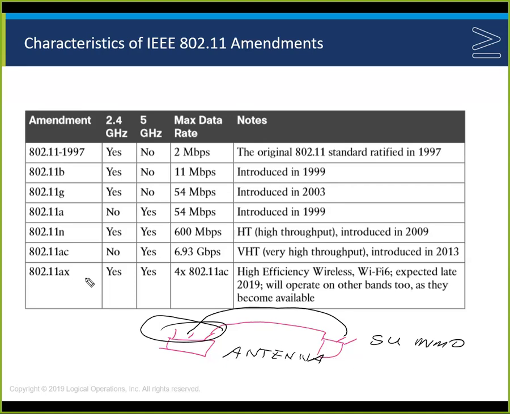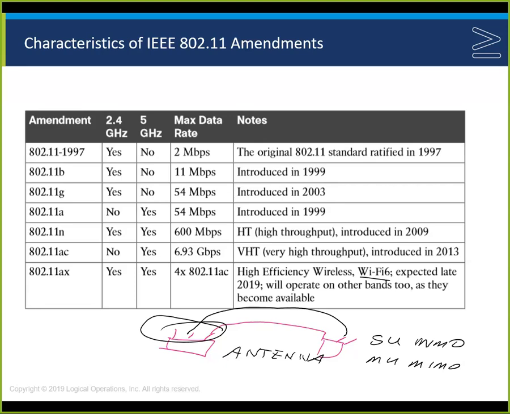When we get on down to these guys, we can have the multiple user, multiple input, multiple output, and you see that actually we're going to have 6.934 times the 802.11ac standard. We're going really fast with these things now. Wi-Fi 6 expected late, whatever. And I think that the 802.11ax is available for these things.